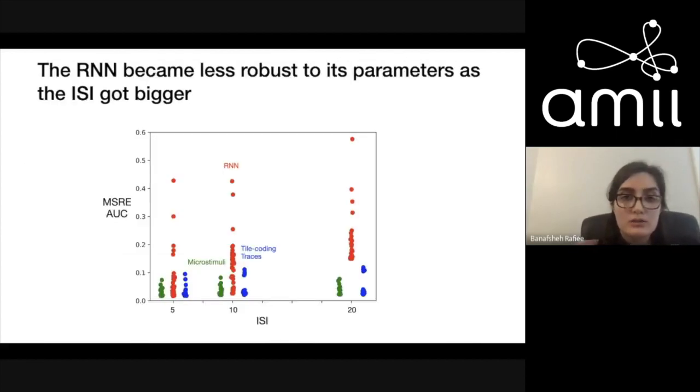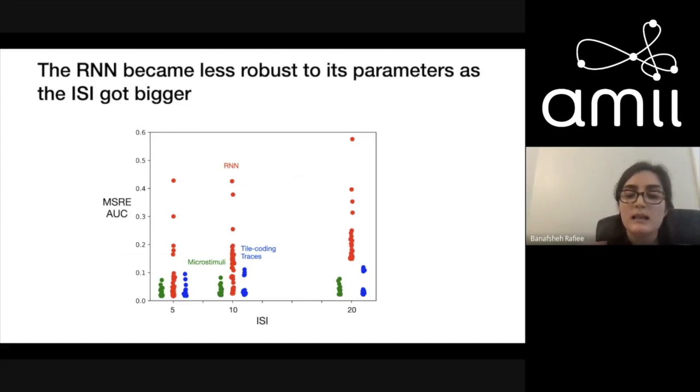We also studied the robustness of the baseline methods to their parameters for different values of ISI. And here, for the y-axis, we have the area under the curve of our performance measure, and for the x-axis, we have ISI. And each dot corresponds to one parameter setting of each method.